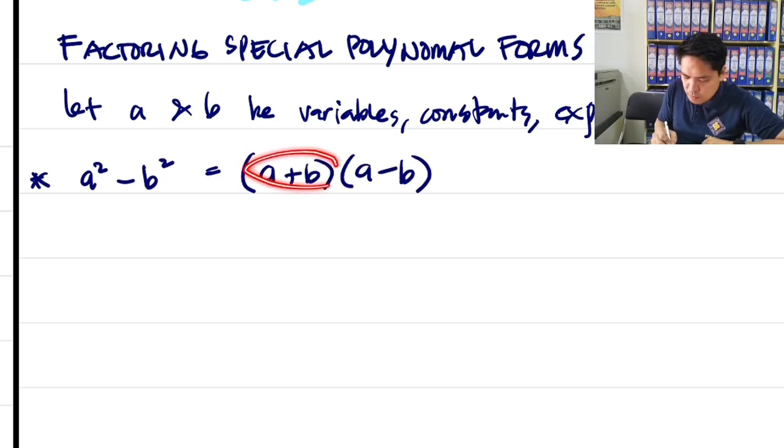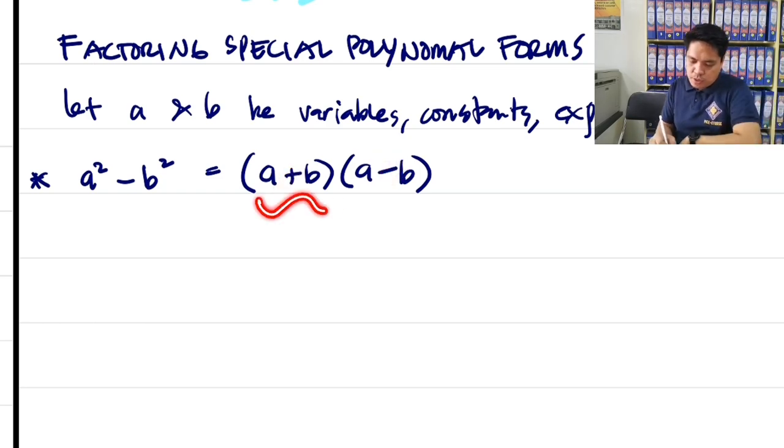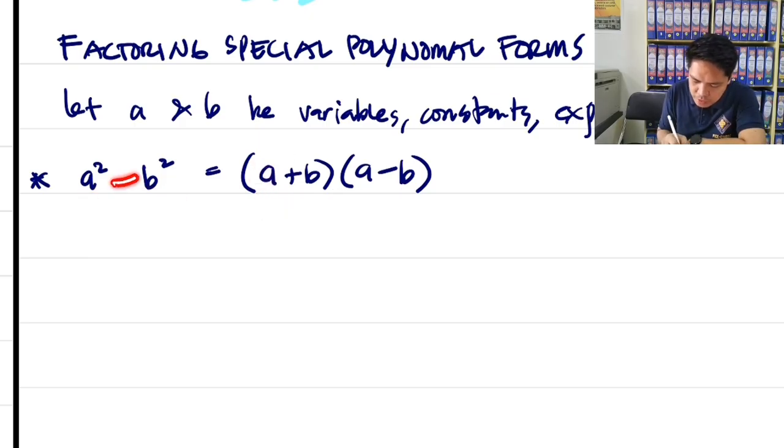The product of two conjugate terms, conjugate meaning nagka-baliktad or nagka-inverse yung sign or operation. The product of this is in this form: you just square the first term minus the square of the second term. Okay? So that is the first special product.